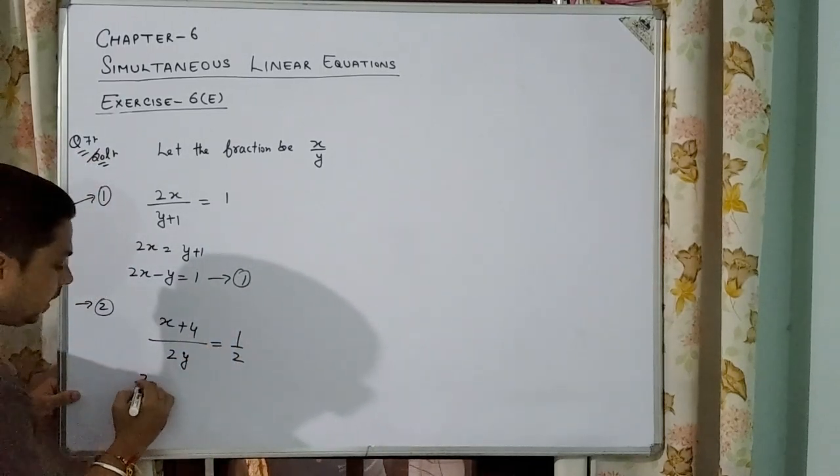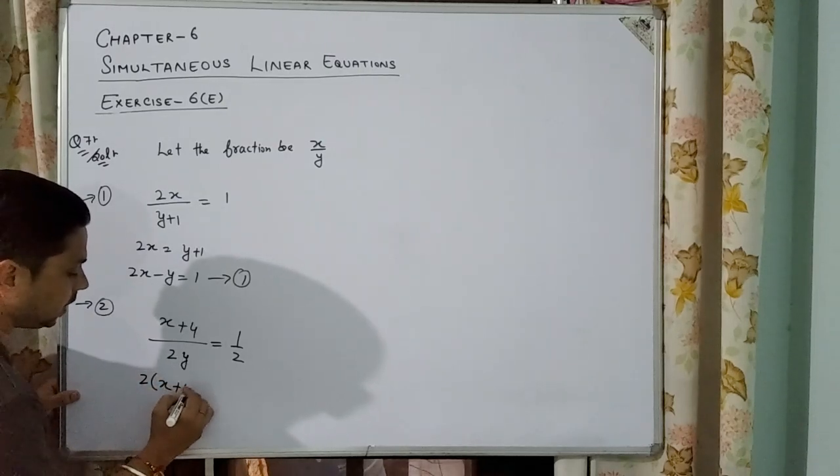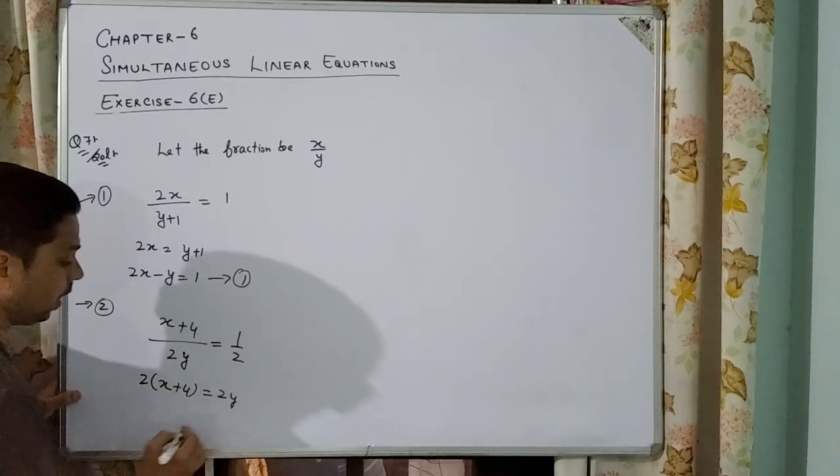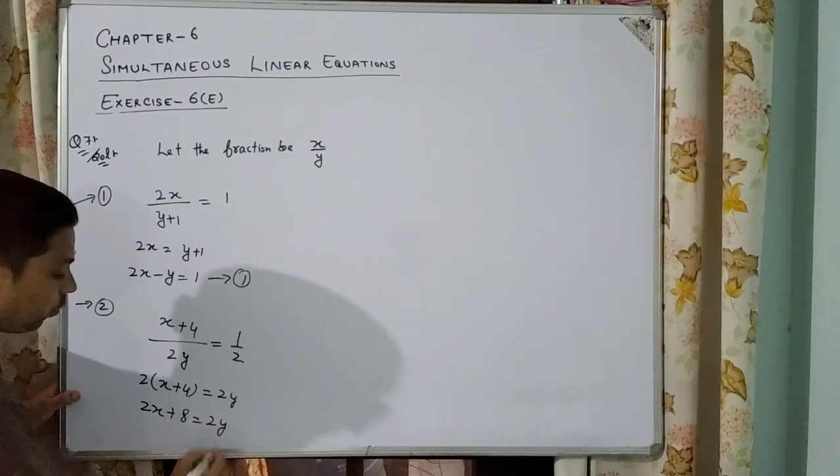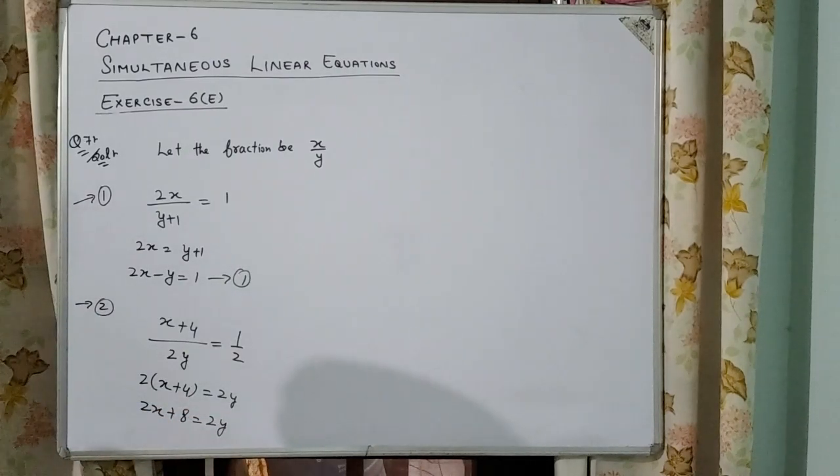Cross multiply it, it will give you 2 into x plus 4, this is equal to 2y. So 2x plus 8 is equal to 2y here.